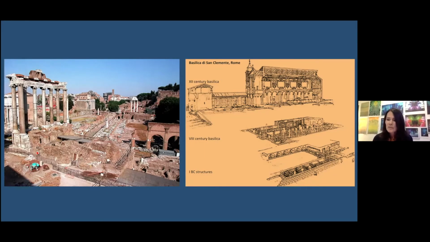A 12th century basilica rests on a 4th century basilica, which rests on structures built in the 1st century BC. My idea of layered sculptures speaks to reconstructing and excavating layers of untold or forgotten history.